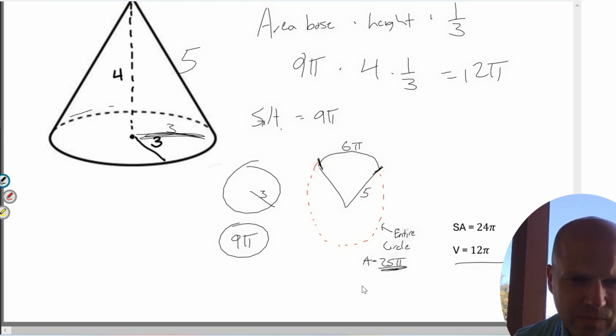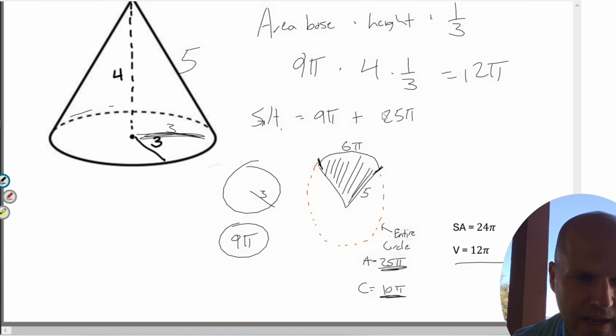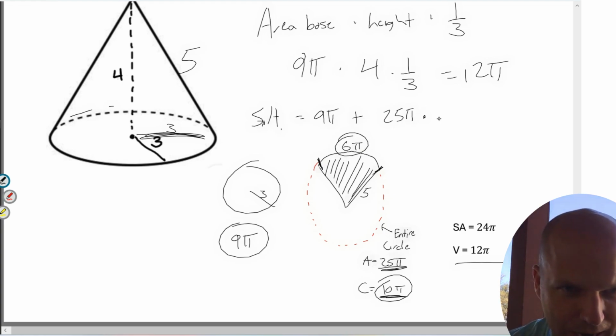The entire circle's perimeter is 10 pi. I want only this portion, so I take the entire circle's area times 6 pi over 10 pi.